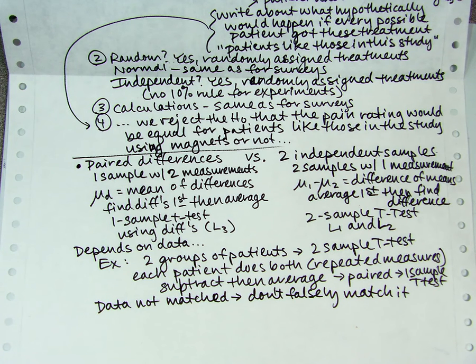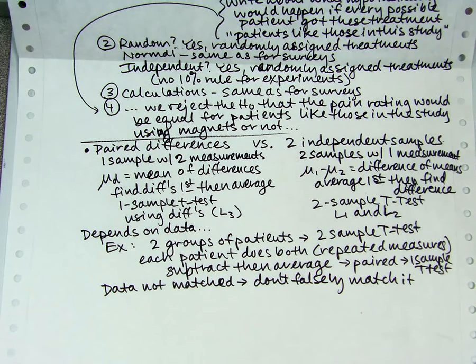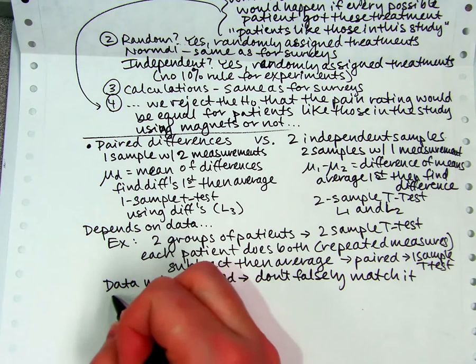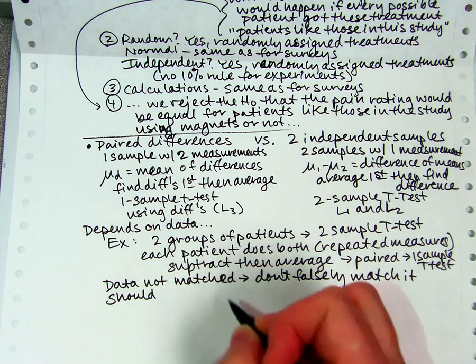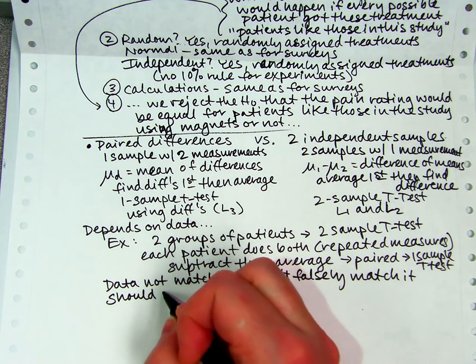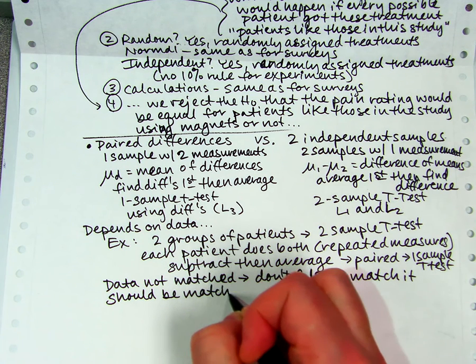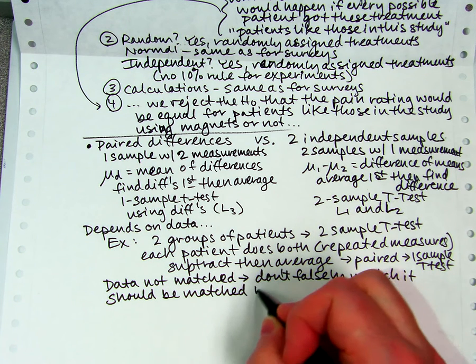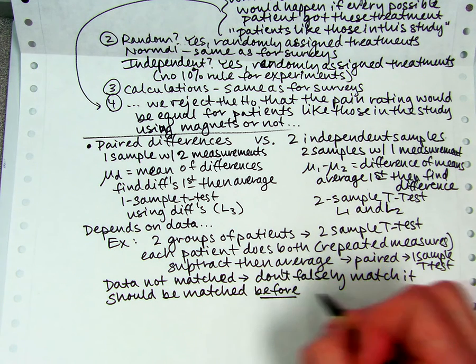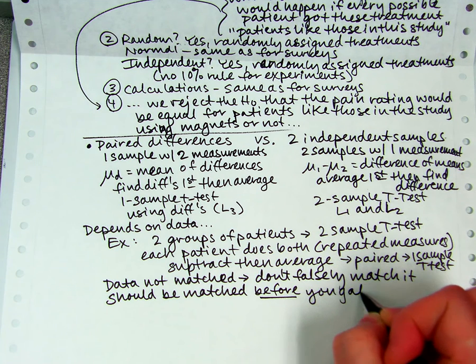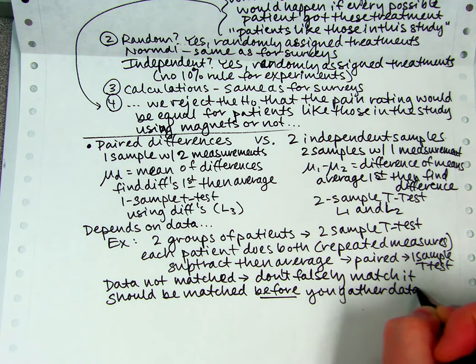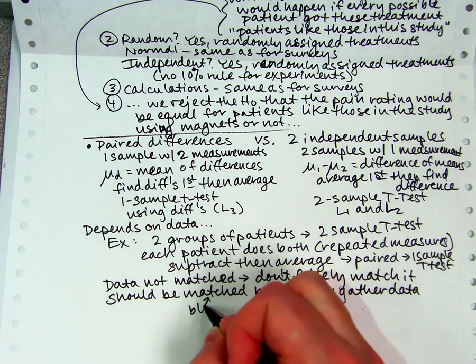Wouldn't that be great? But the problem is that doesn't actually work. It gives you a false sense. It gives you a very significant test, which is not really true. So yeah, you're not supposed to do it that way. It should be matched before you analyze the data, before you gather the data even. The matched pairs have to happen first. And this matched pairs thing is technically blocks of size 2.